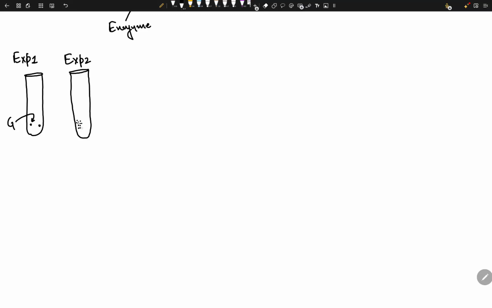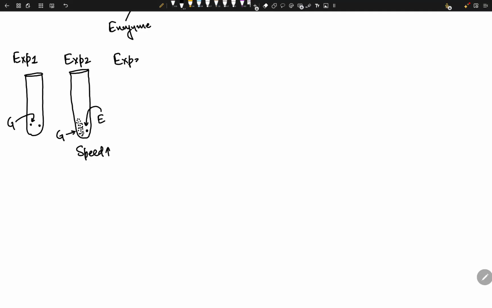Now I'm not going to draw 50, but yeah. And that's my enzyme, and my glucose is these particles, right? How about this time? Now the glucose will bump into the enzyme much more often, right? So the reaction speed will increase. So speed here will go up in experiment number 2.